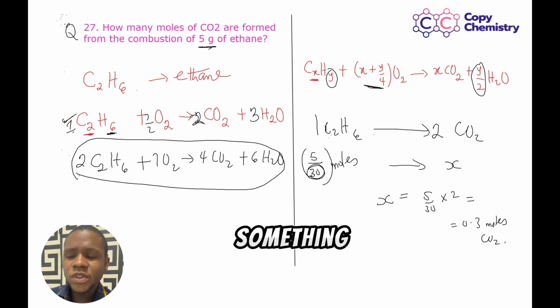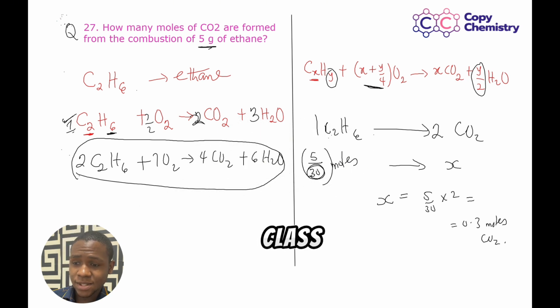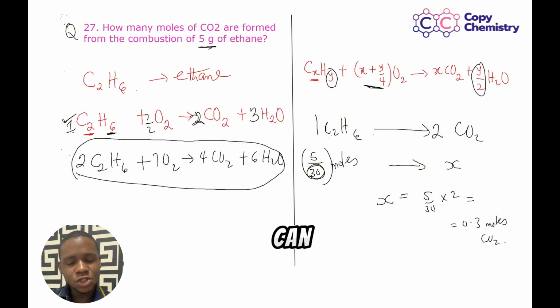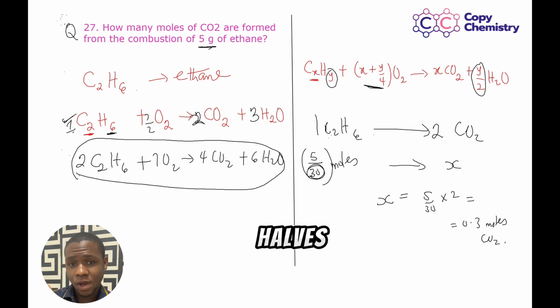Okay, so there's something about note taking in class. When you're in class and you're taking notes, it may be good to pick up your notebook like this. This is my notebook right here. I can choose to divide it straight down into 2 halves.